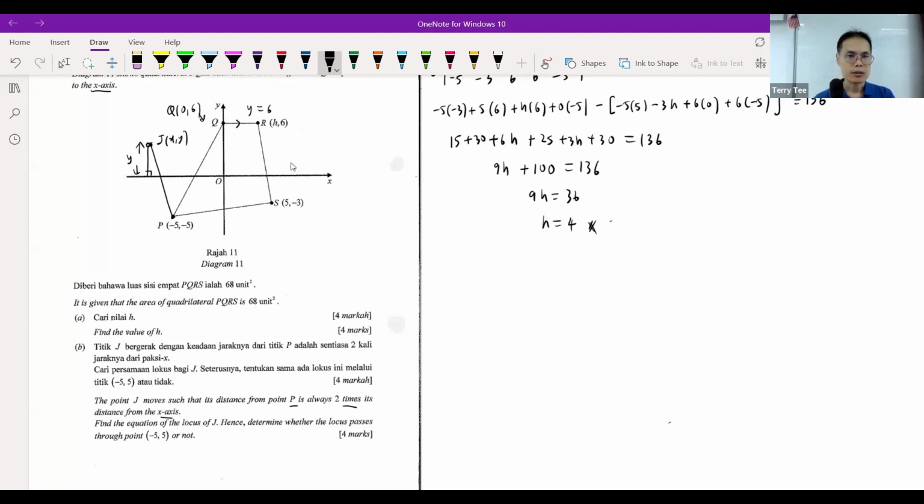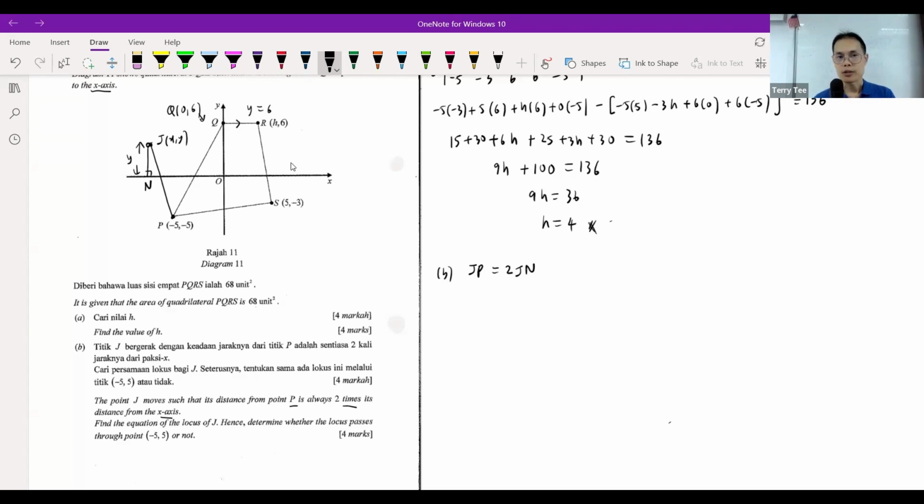So let's call this, if you want, JN, N like normal, perpendicular. So up to you, whatever notation you want, okay? Distance from point P is always twice the distance from the x-axis. So meaning JP is 2 times JN, or you can write J to x-axis.